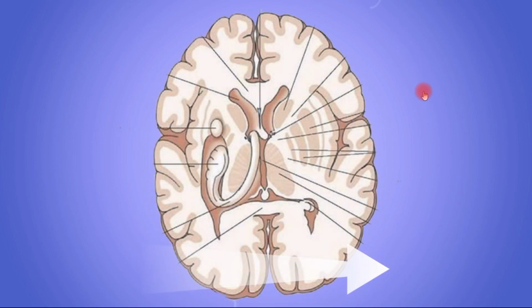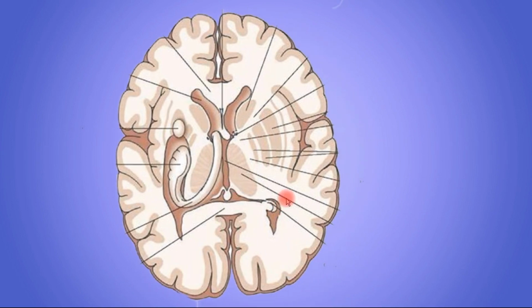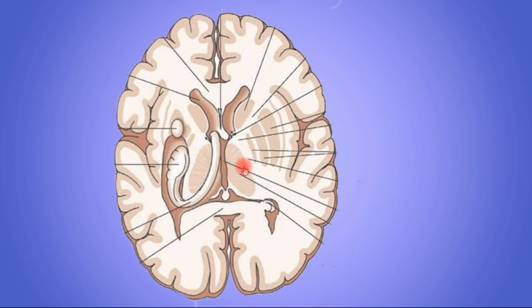In this horizontal section, this is the third ventricle, and just lateral to the third ventricle resides the thalamus. So this oval structure you can see here is the thalamus in the horizontal section of the brain.